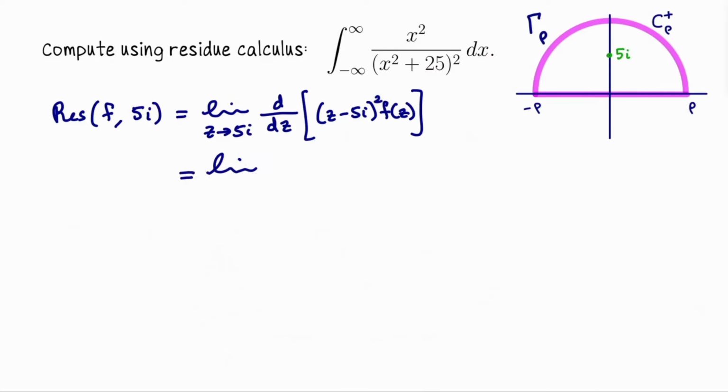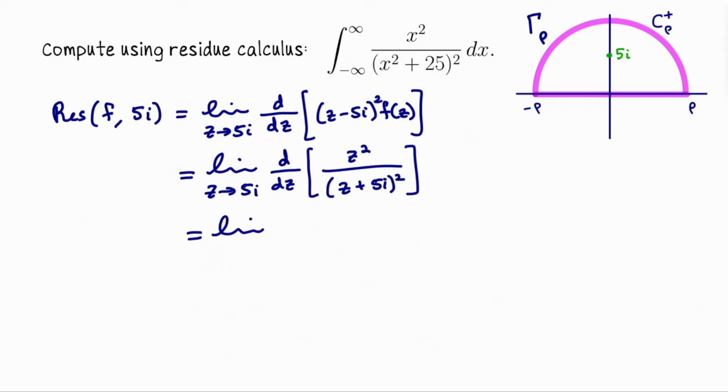Okay, so we're going to take the limit as z approaches 5i of the derivative of z squared divided by z plus 5i squared. There I used the factored form of the denominator that we had a minute ago. I think it's going to be easier to differentiate z over z plus 5i, that fraction squared. I just think that's going to look a little bit nicer.